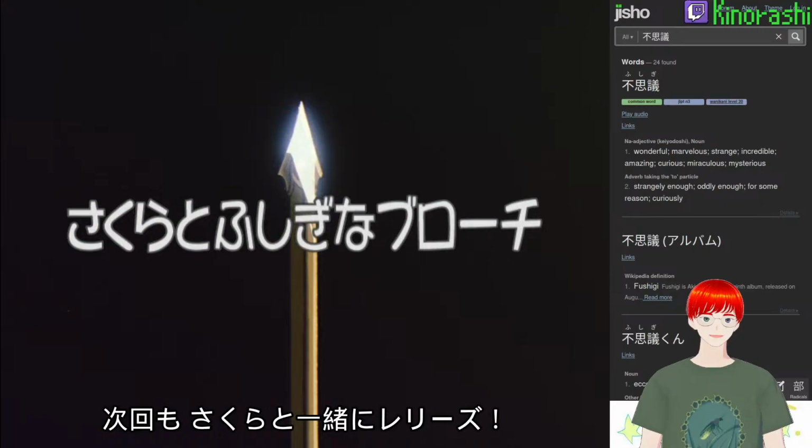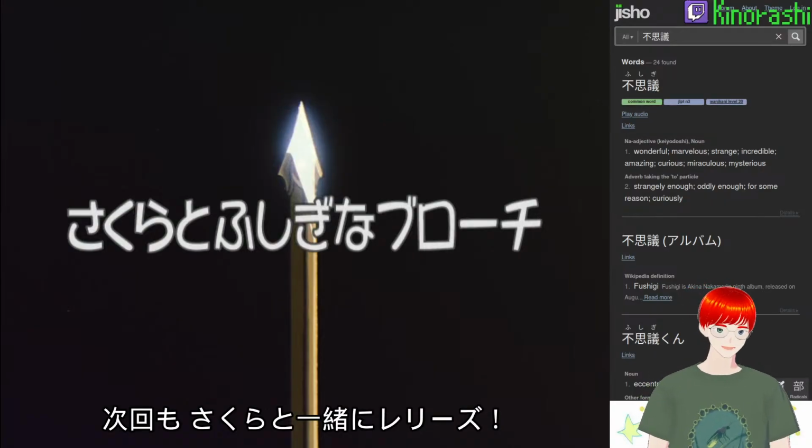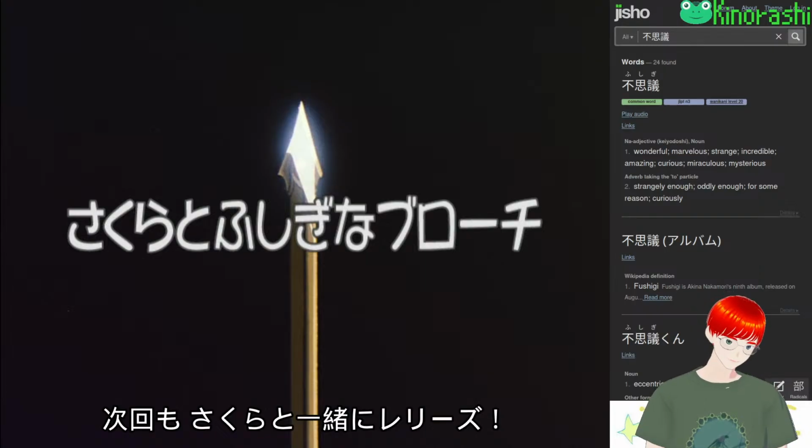At the end of every episode of Card Captor Sakura, the main character Sakura would strike a pose with her wand and shout out, 'Join us for the next time, release.' The word release referred to her activating her magical wand or releasing a card to solve the next episode's problem. The phrase you found, Jikai mo Sakura to issho ni reisu, translates to: next time, let's release together with Sakura.